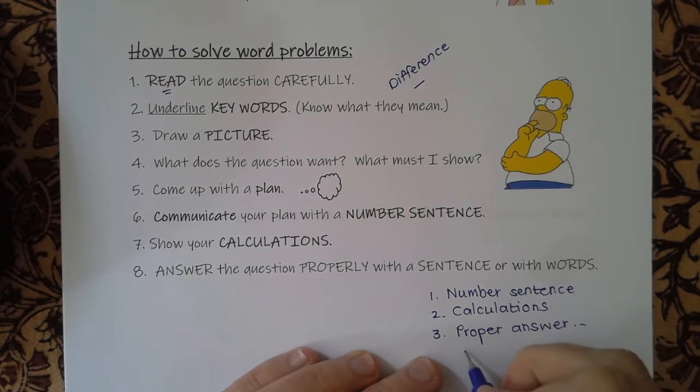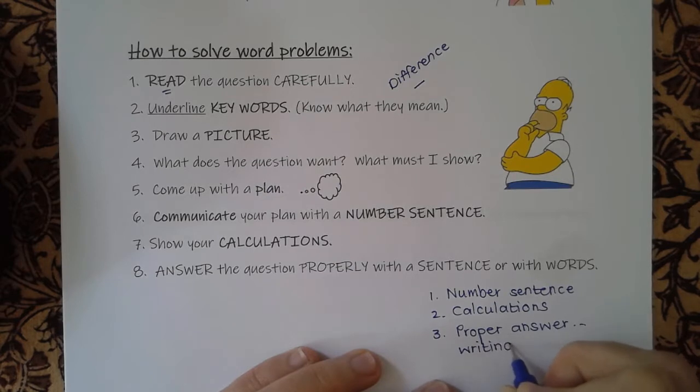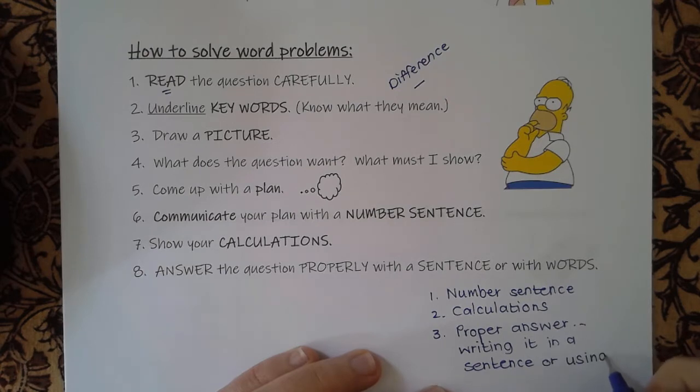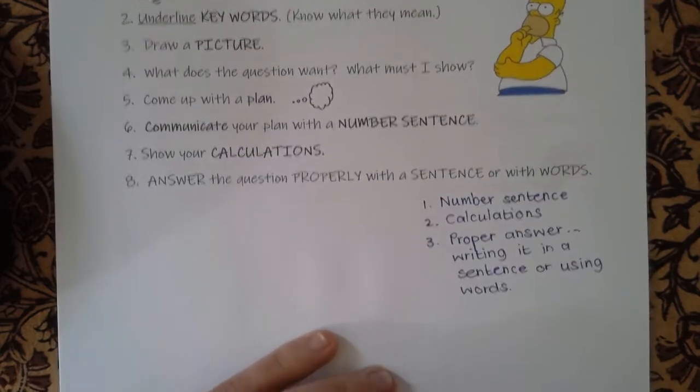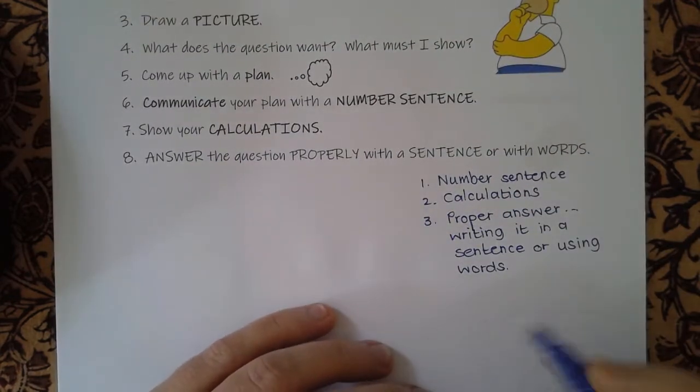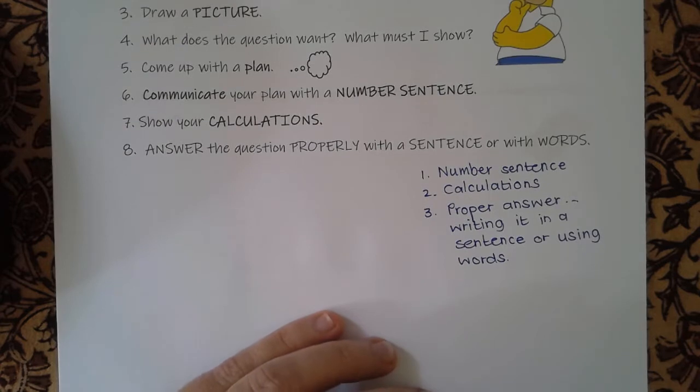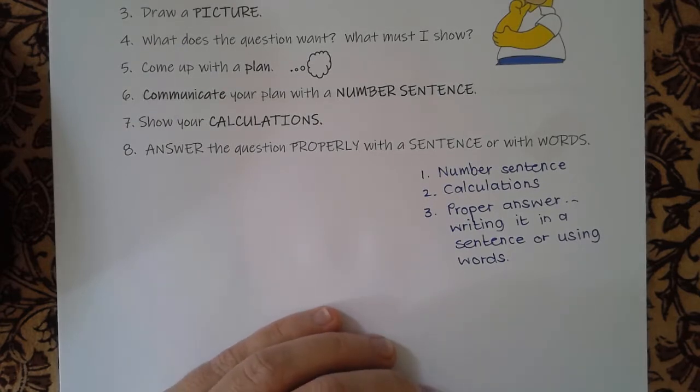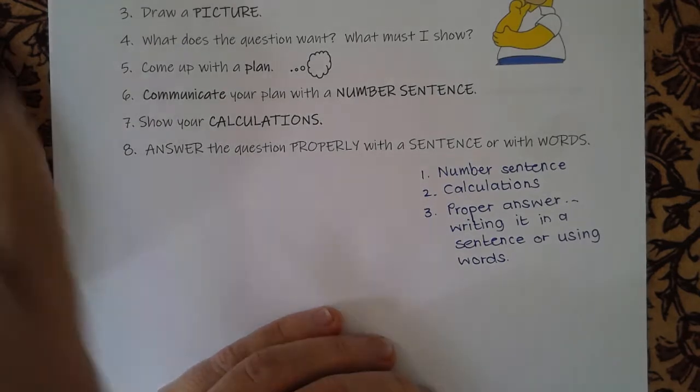That means writing it in a sentence, or using words. Now, if you look at this, you will see 3 steps. So basically, your word sum can count a minimum of 3 marks.